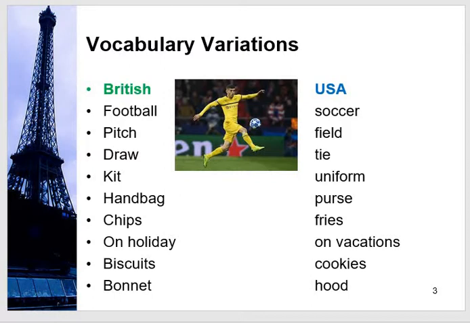British say chips, Americans say fries. British say on holidays, and Americans say on vacations. British say biscuits, and Americans say cookies. British say bonnet of a car, and Americans say hood of a car. So these are vocabulary variations between America and England.